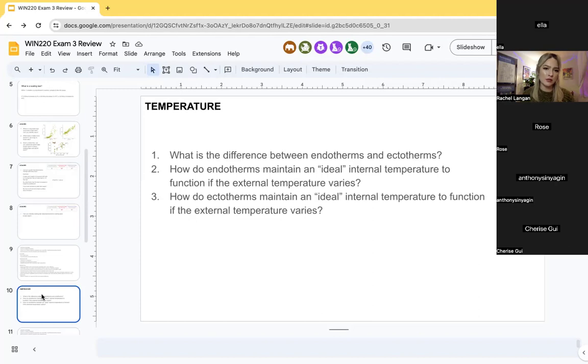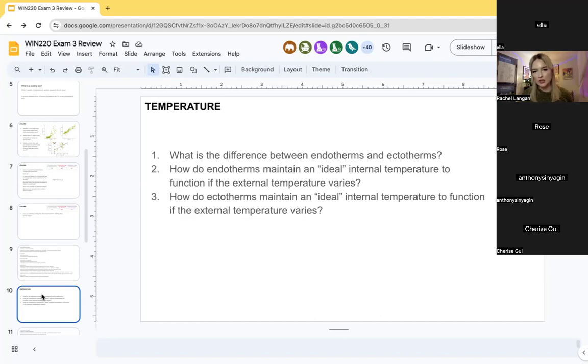One of the things they'll do is have a physical response where they will shiver to increase their body temperature. They will also constrict their blood vessels, so that causes them to increase heat inside. And they can also change their metabolic rate. So they will increase their metabolic rate, and that will generate heat for their body.